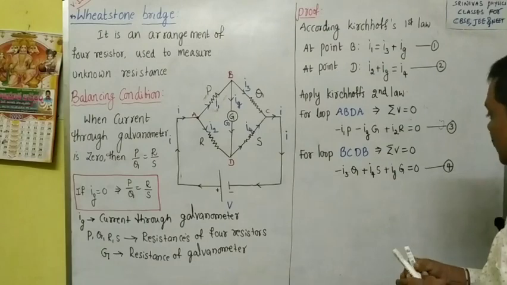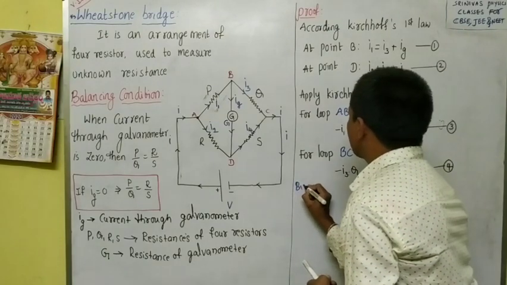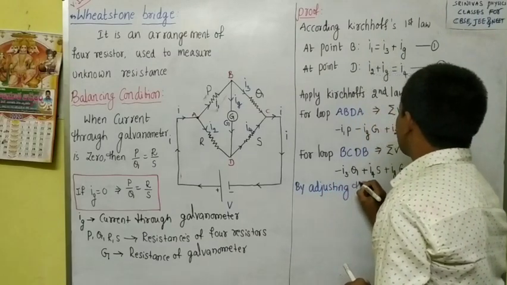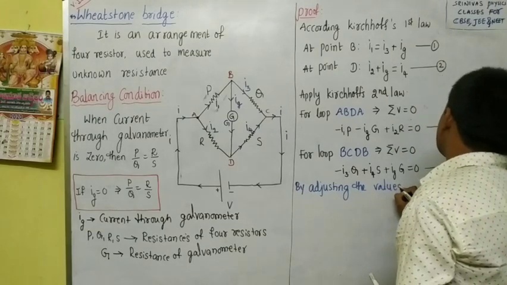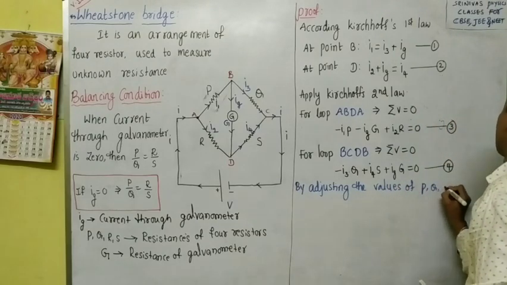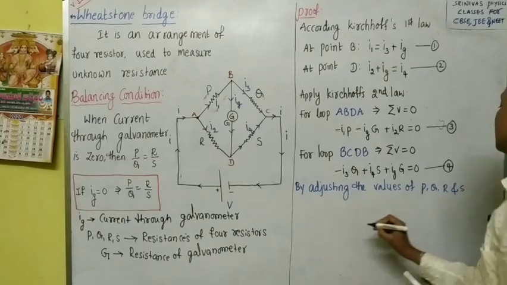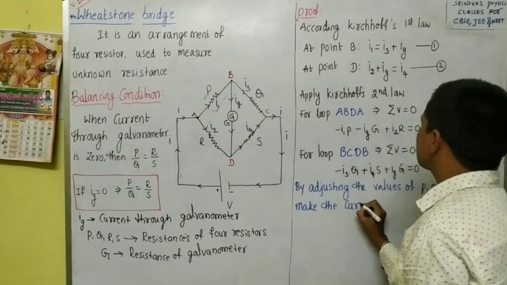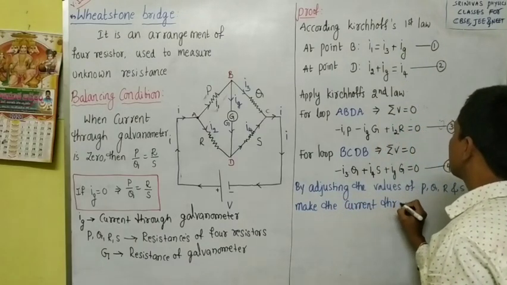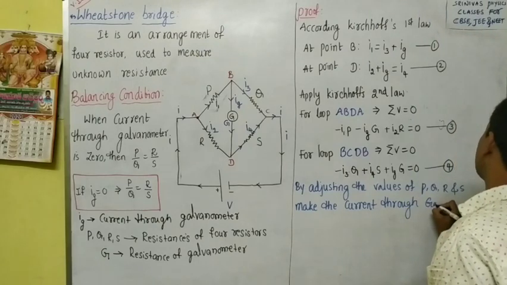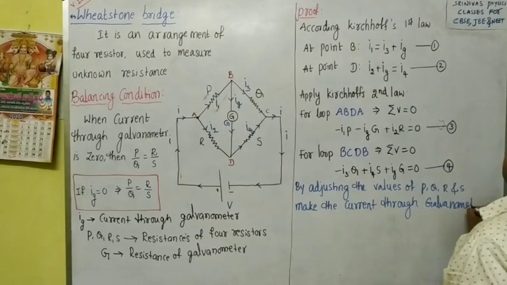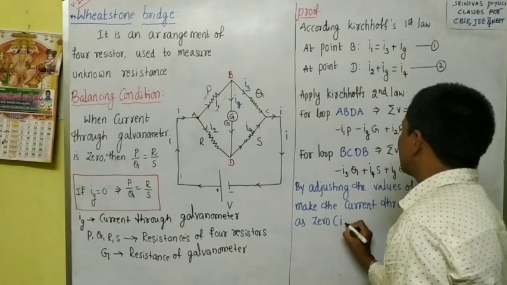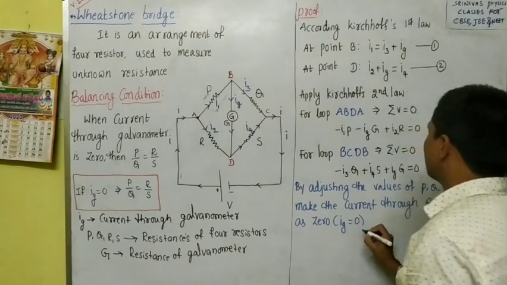Now you have to do one thing: by adjusting the values of P, Q, R and S, make the current through the galvanometer 0, right? That means what is the current through the galvanometer? IG is 0.